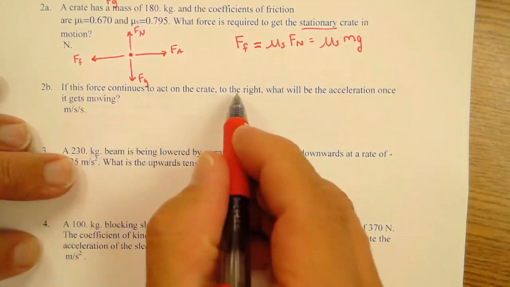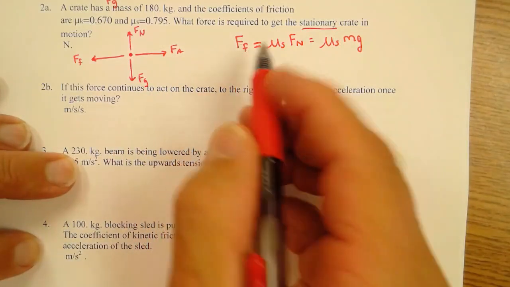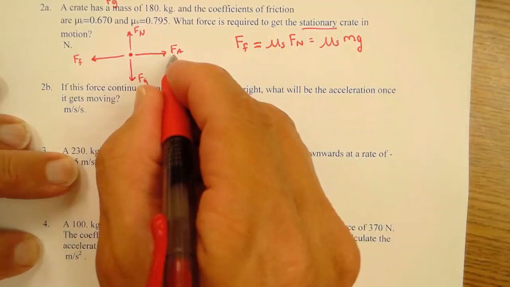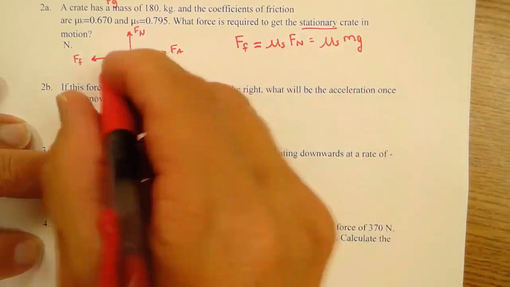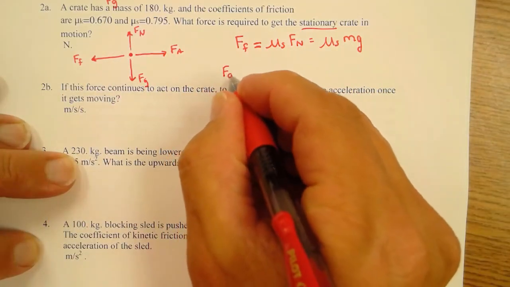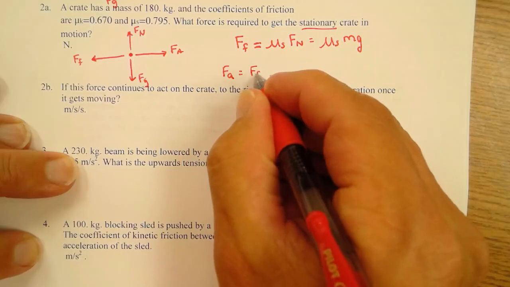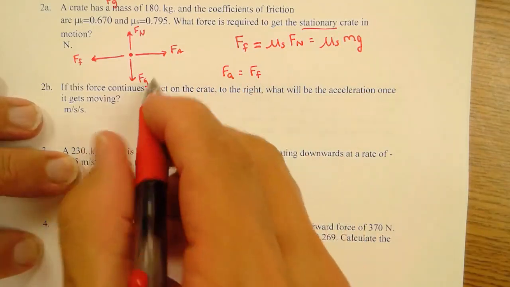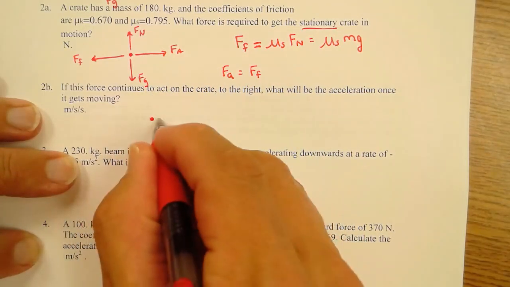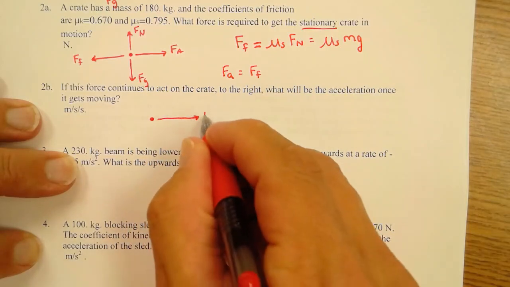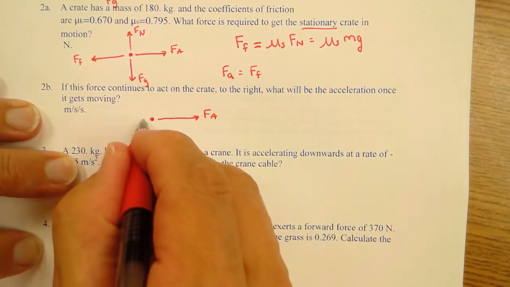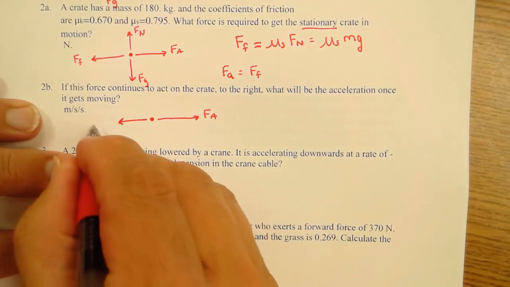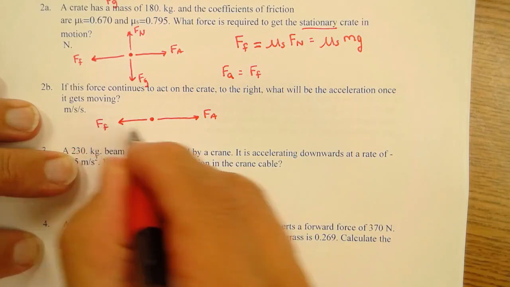Now, once you find F sub a, that is going to be the applied force. Okay, so in 2a, you found the applied force was equal to this maximum friction force. Once it starts moving, however, you still have the same applied force, but now because it's moving, the friction force is less. This is F sub f.